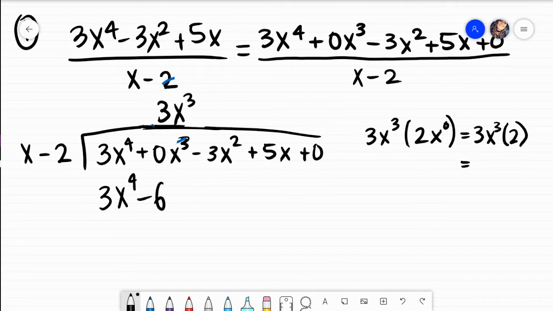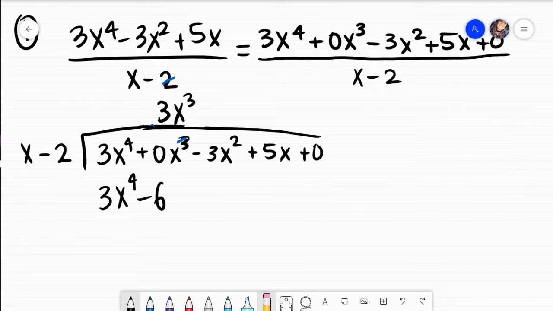In that product I have a variable cubed, which means in my product I'm still going to have a variable that's cubed. But that's very mathy and honestly unnecessary. If you just know that when you multiply your term here with your term here, you look at the coefficients, and then my x cubed is just going to remain an x cubed.